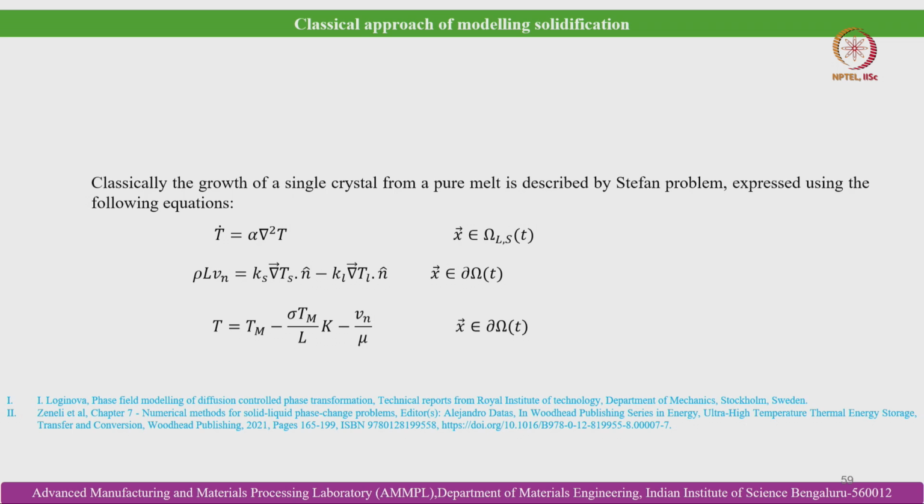So, classically the growth of a single crystal from a pure melt is described by the Stefan problem, expressed using the following equations, which is T dot equal to alpha grad square T. Okay. So, basically T dot is nothing but dT/dt, that is the temporal evolution of the temperature, and x bar in Γ_LS, that is the domain across time.